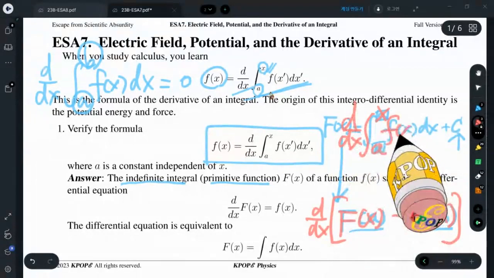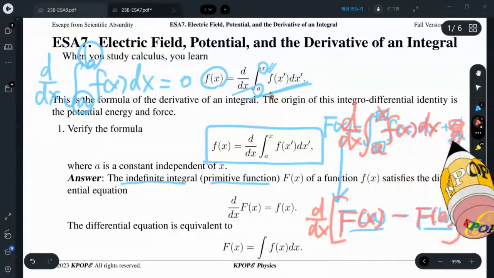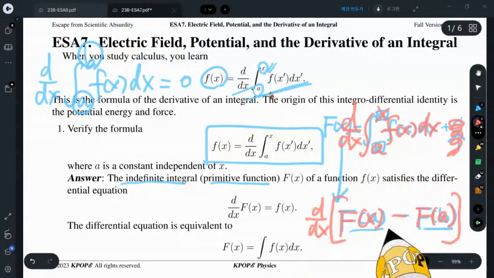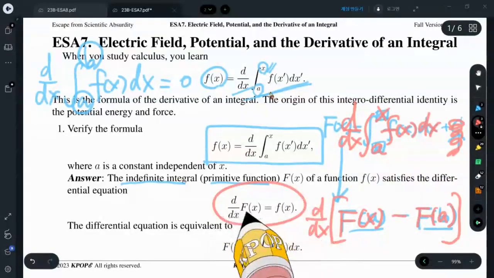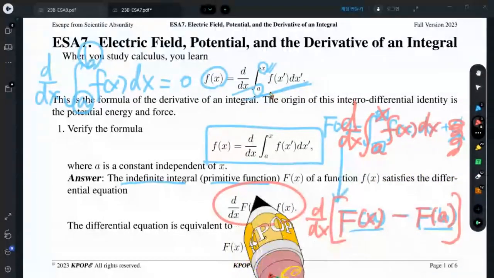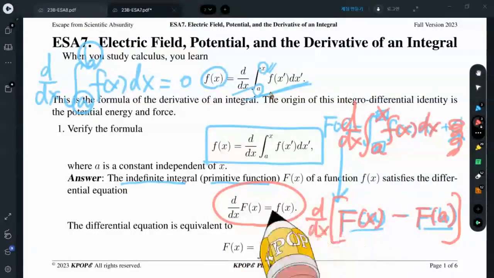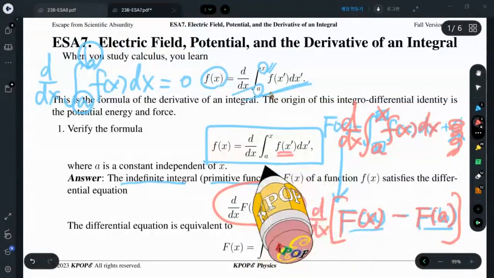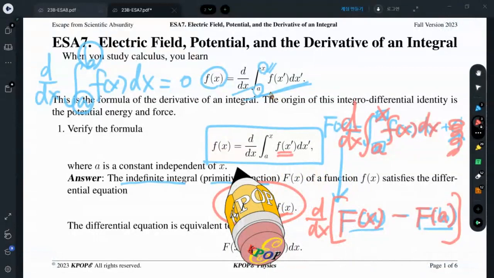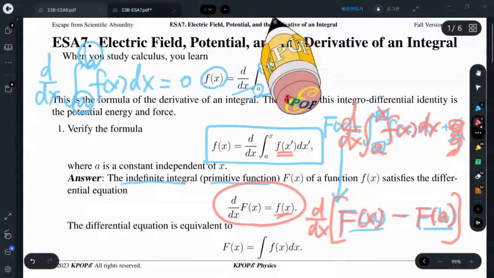What's that? We do not have c anymore. By definition, the derivative of the primitive function is the integrand of this integral. Okay, that's it.